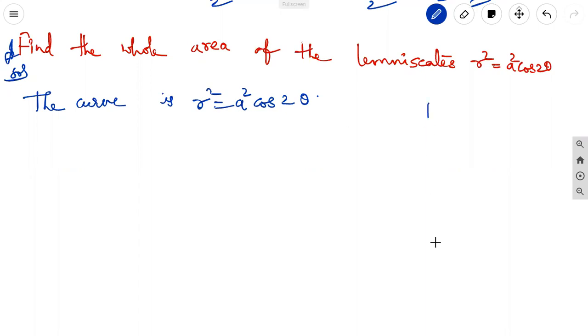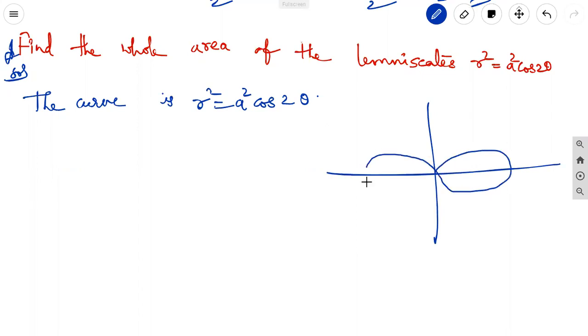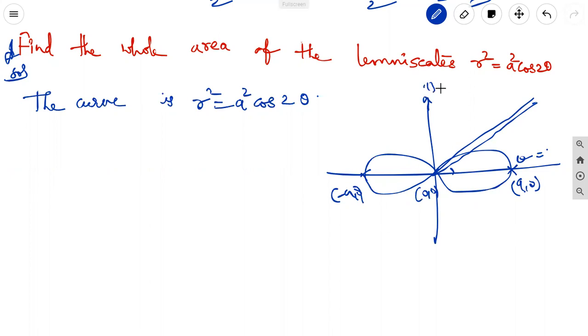It passes through the pole, and the curve is dumbbell shaped. It passes through 0, 0, and minus a, 0 and plus a, 0. We take the pole, and the angle is theta. Theta equal to 0 degrees to pi by 2, and we take theta equal to pi by 4.